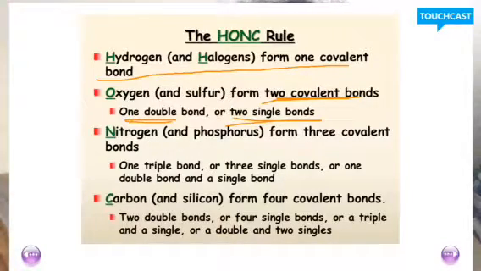Nitrogen and phosphorus, they are in group 5, they form 3 covalent bonds, either 1 triple bond or 3 single bonds. Carbon, which is in group 4, can form 4 covalent bonds: 4 single bonds or 2 double bonds.